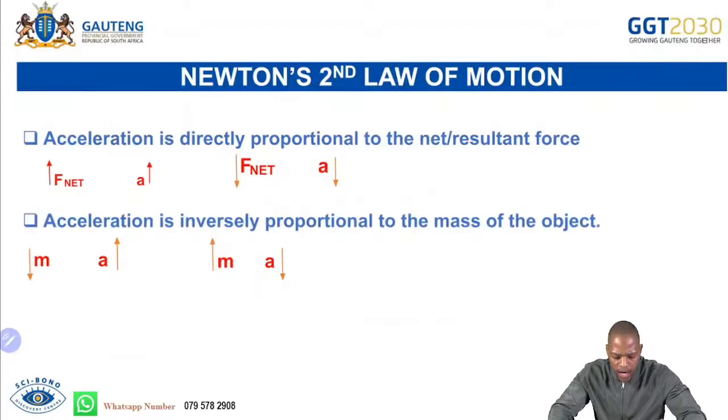It says that acceleration is directly proportional to the net resultant force. What does that mean? It means if I have a greater force, I'll have a greater acceleration. This should be general knowledge for everyone. If I kick a ball only slightly, the acceleration of the ball will be small.